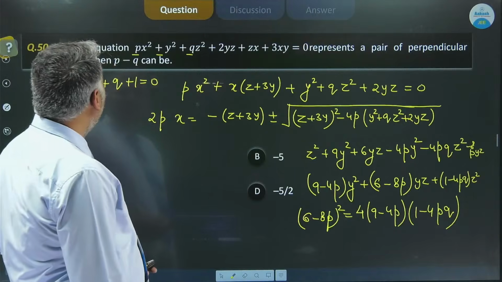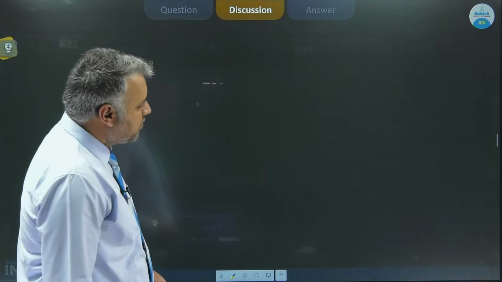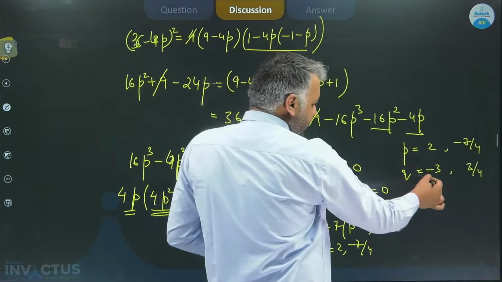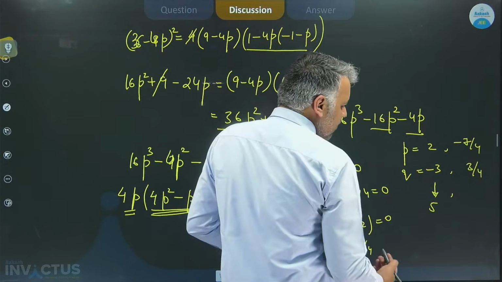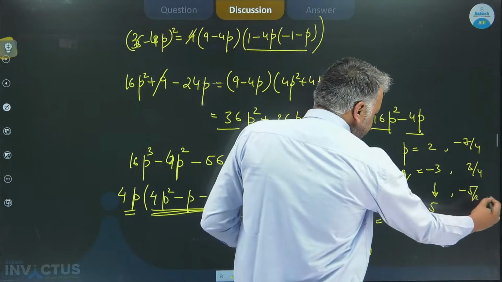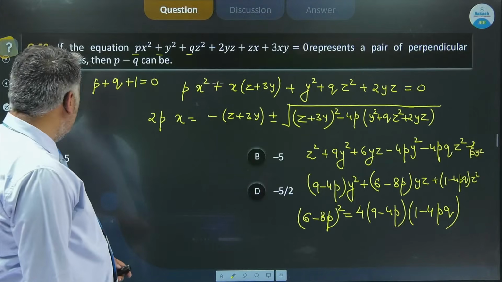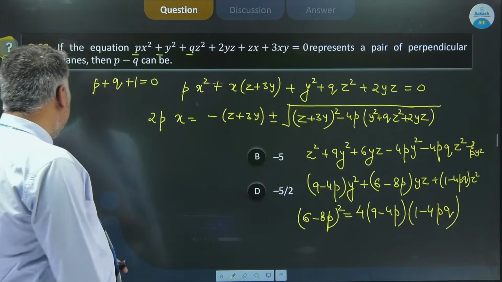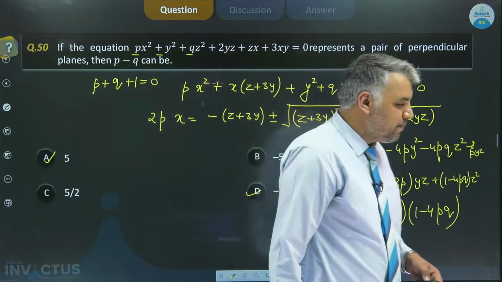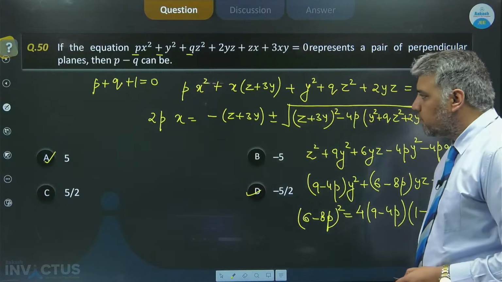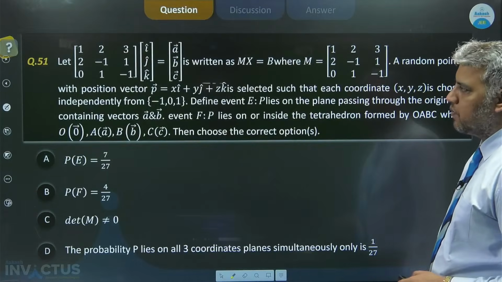We have to find the value of p minus q. What can be the value of p minus q? So p minus q from here can be 5, or p minus q from here can be minus 5 by 2. So there will be two possibilities. So 5 and minus 5 by 2. So according to us, A and D should be the correct options. A and D are correct options.